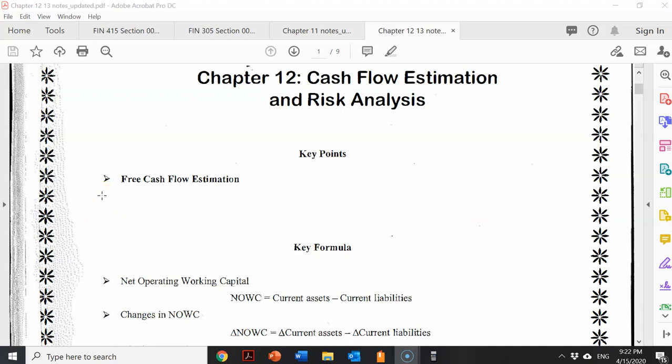Then we remove the preferred stock value and the debt value, so we have the equity value left. And then we divide it by the number of shares, so we have the stock price per share, right? And then in chapter 10, we discussed how we can calculate WACC. In this chapter, we will focus on how to calculate the free cash flows we used to estimate the corporate value.